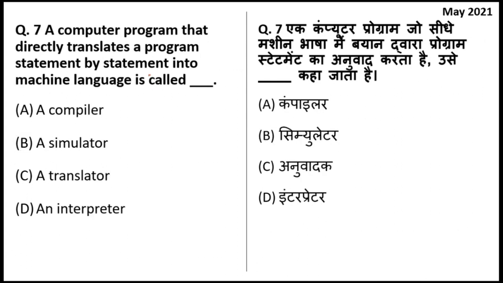A computer program that directly translates a program statement by statement into machine language is called. This question is very important, I must tell you, because every year in one of the examinations a question will come regarding program translation.